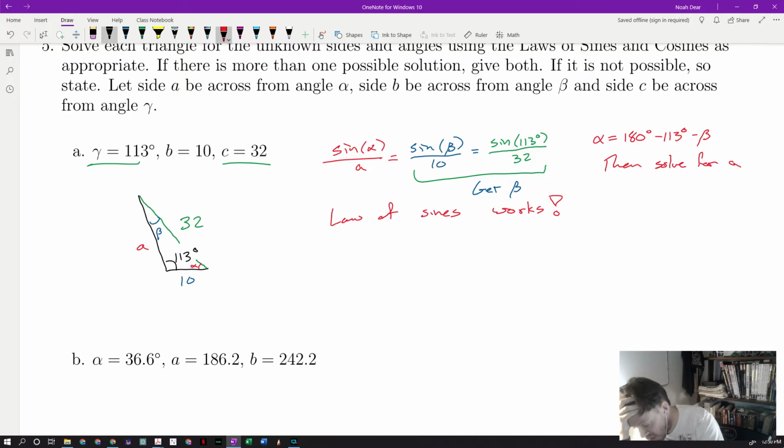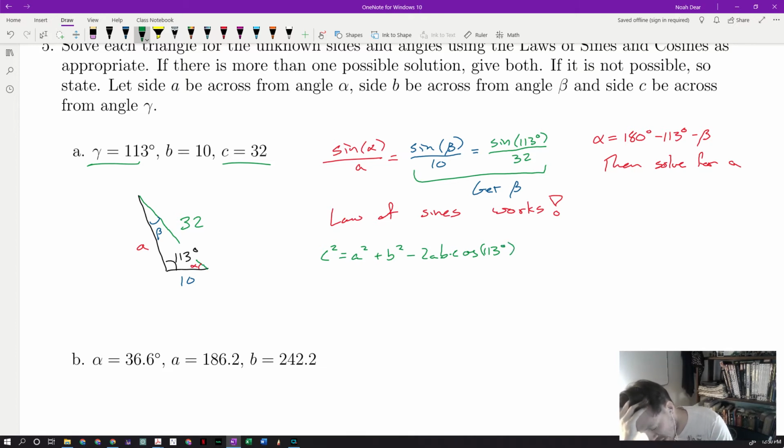If I tried law of cosines in some way, well, I'd want to use as much information as possible. I only have 3 pieces of information, so I would want to use that angle. So I'm kind of stuck using c squared equals a squared plus b squared minus 2ab cosine of 113 degrees.